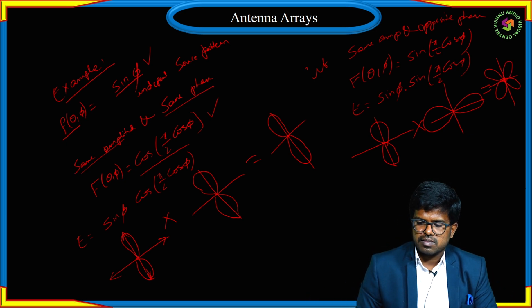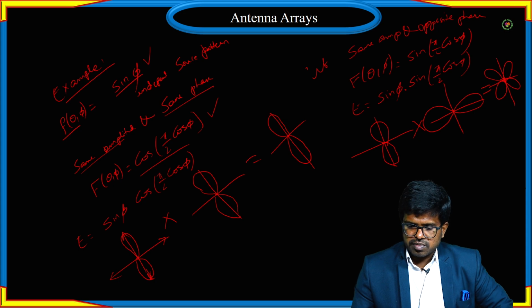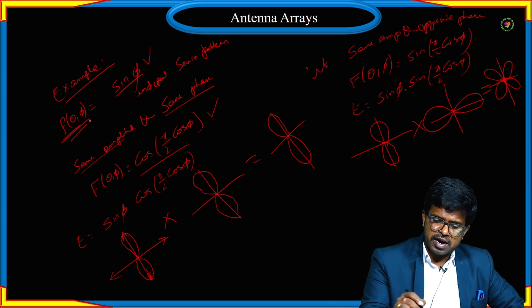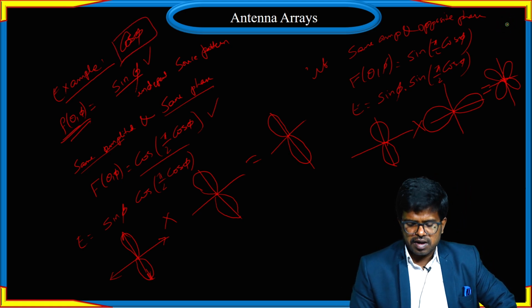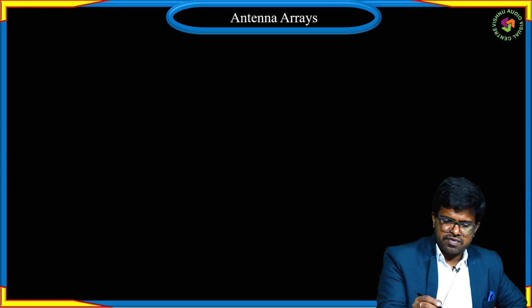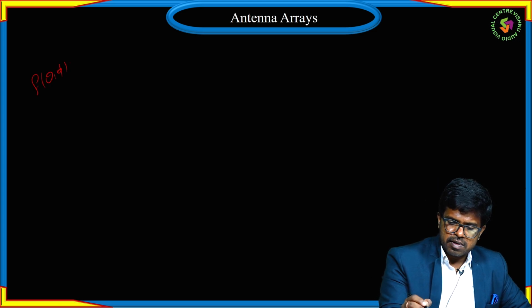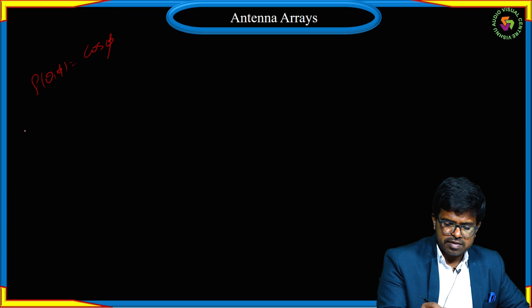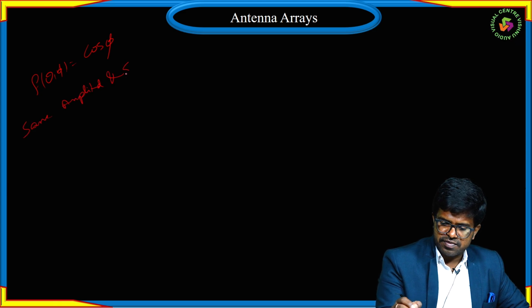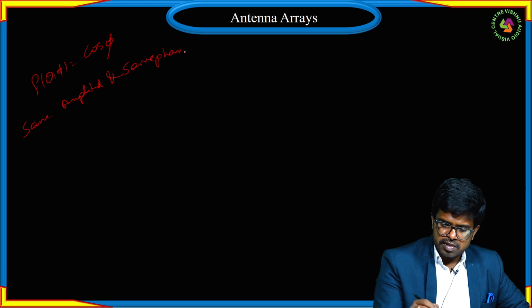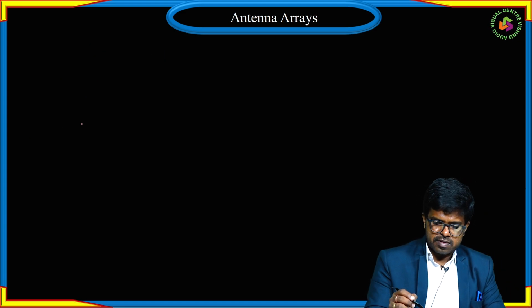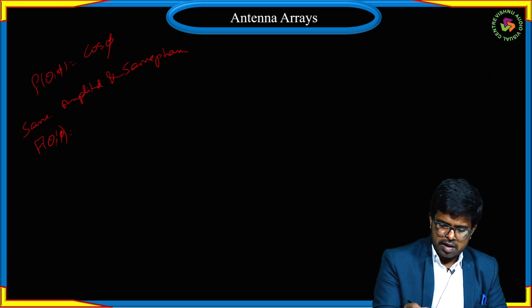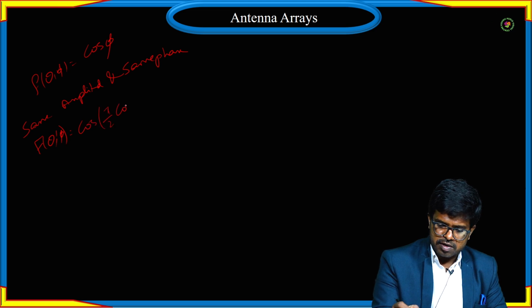Okay, understood this one? In the similar manner you can change the field pattern, say cos pi. You can do this process once again. Now see here, if f of theta comma pi is cos pi, and both are same amplitude and same phase, then f of theta comma pi is cos of psi by 2 cos pi.